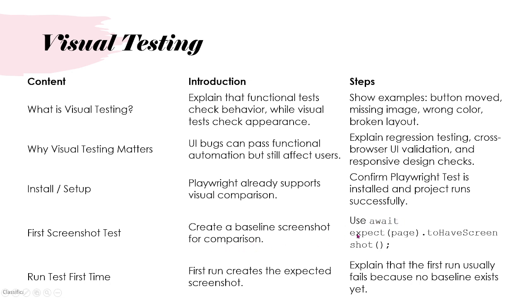Use the await expect page toHaveScreenshot function. Run the test the first time. The first run creates the expected screenshot. Generally the first run fails because no baseline exists yet.